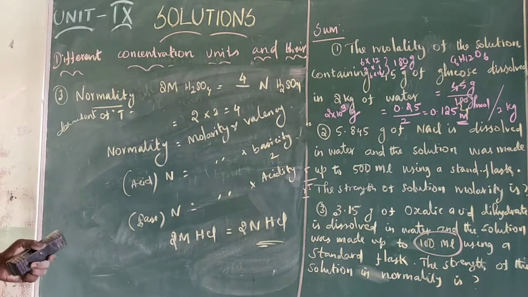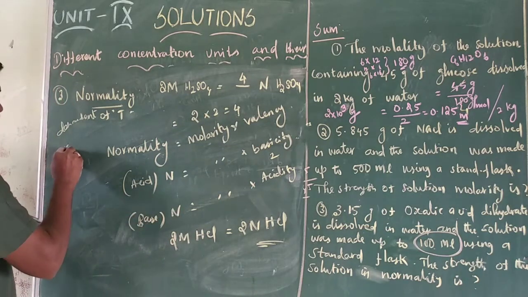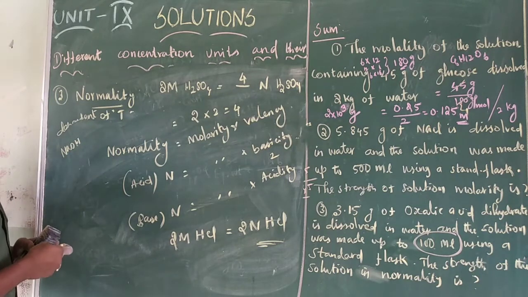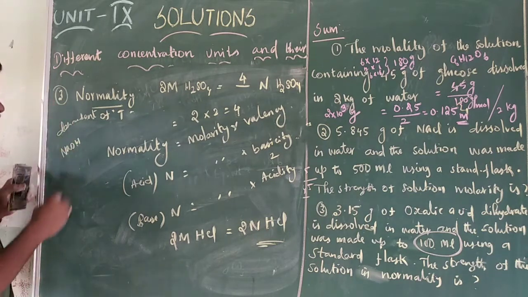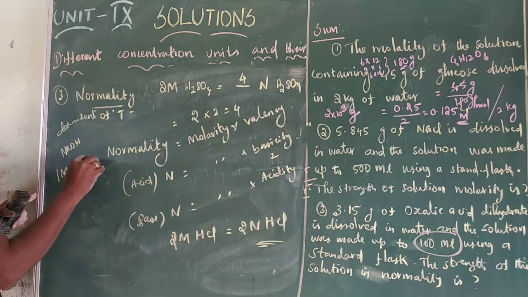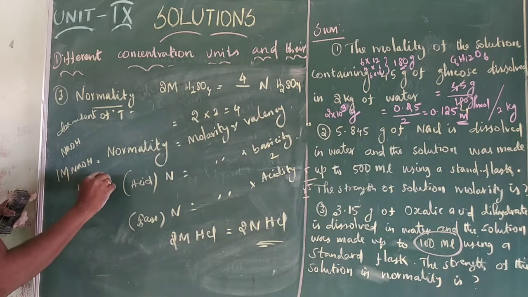Are you right? So in basic solution, in sodium hydroxide, 1:1 solutions. Okay, so acidity 1. So 1 molarity of NaOH is equal to 1 normality of NaOH.